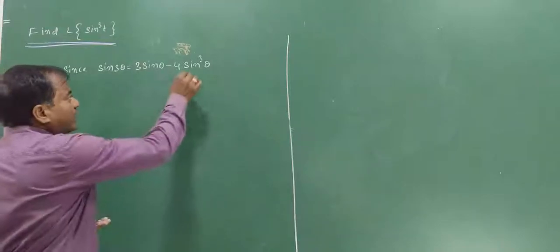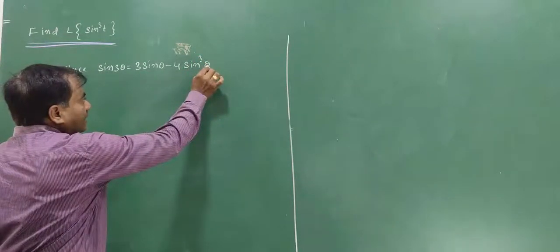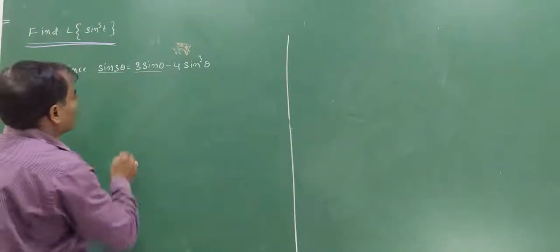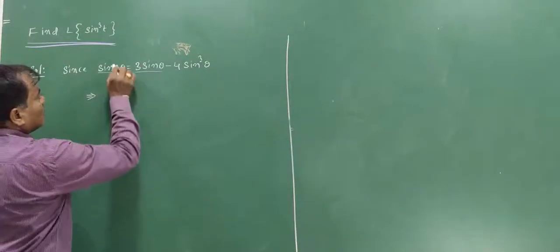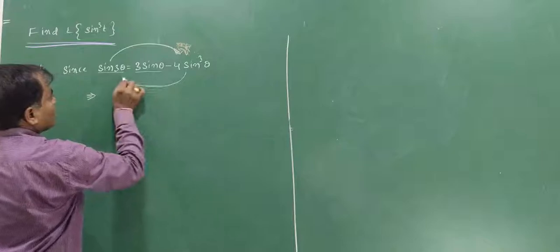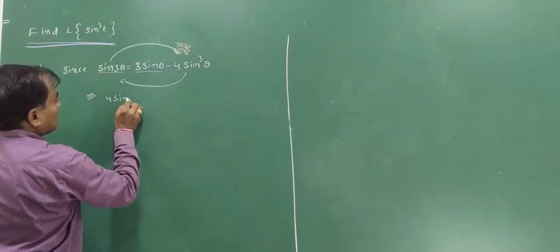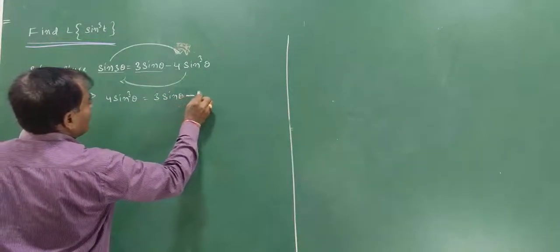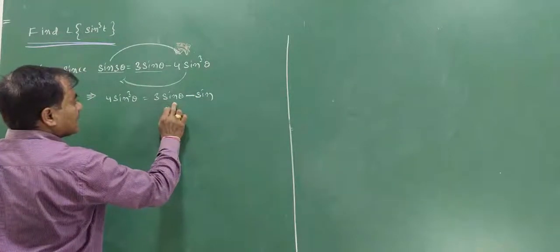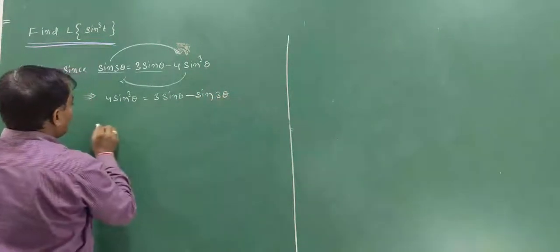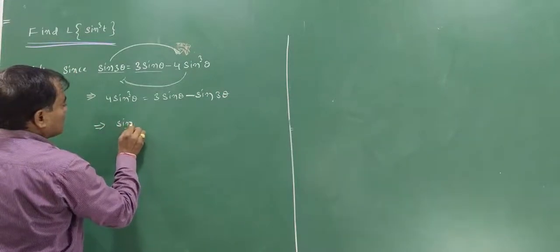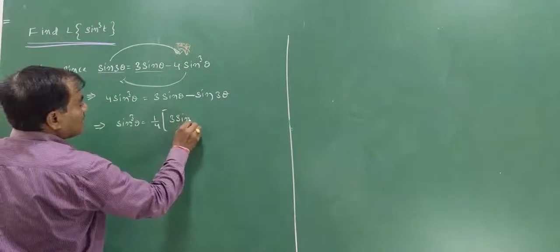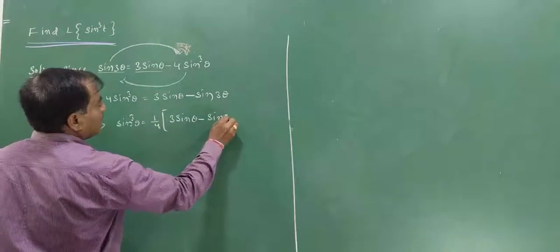From this formula, we have to find out the sin cube theta value in terms of sin theta. This implies we shift this to this side and this to this side: 4 sin cube theta equals 3 sin theta minus sin 3 theta. This implies sin cube theta equals 1 by 4 of (3 sin theta minus sin 3 theta).